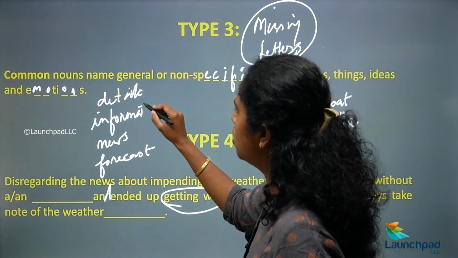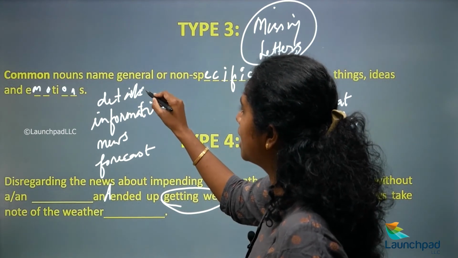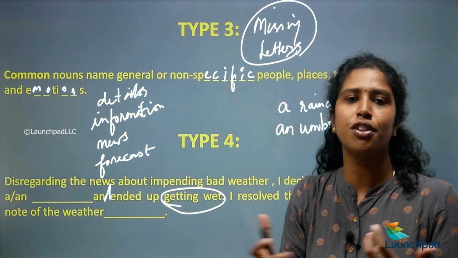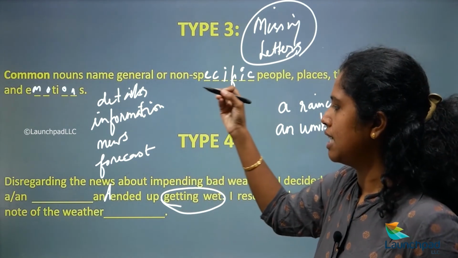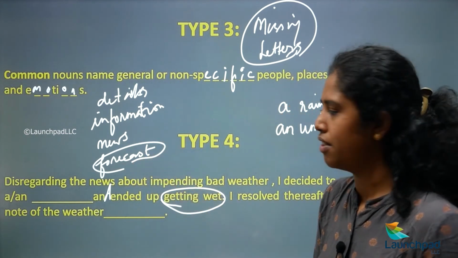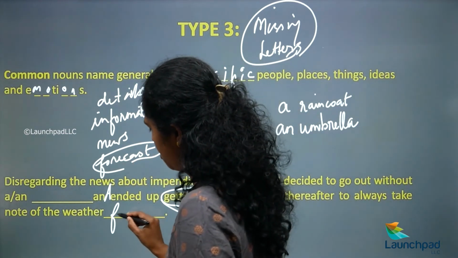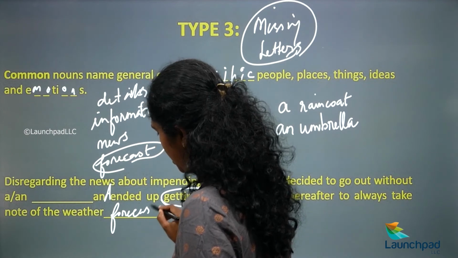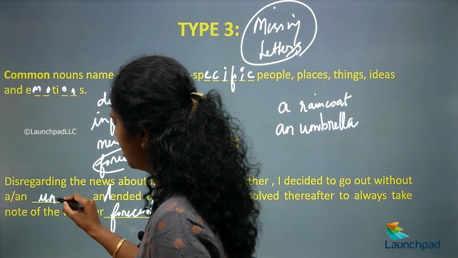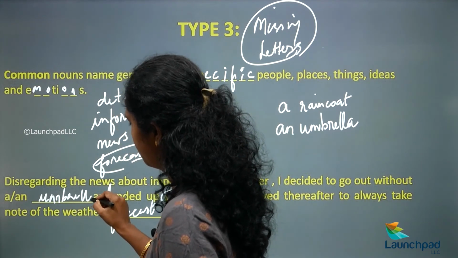This could fit in. But let's see which would be beautiful. When you use a word, how beautiful can the sentence be? Details, information, news, forecast. So probably forecast can be the right choice. Yes, weather forecast. Yes, "a or an" we'll take as an umbrella.